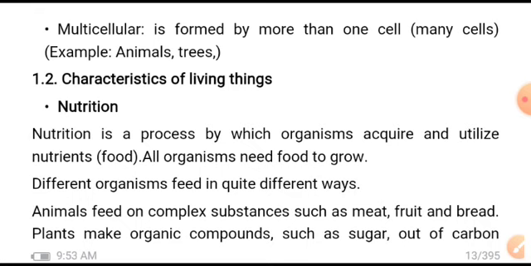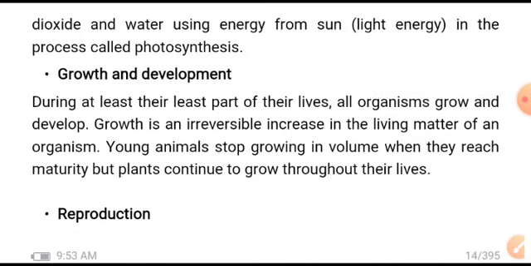Different organisms feed in quite different ways. According to the different adaptations that living organisms have, they have different feeding methods or feeding modes. Animals feed on complex substances such as meat, fruit, and bread. Plants make organic compounds such as sugar out of carbon dioxide and water, using energy from sunlight in a process called photosynthesis.